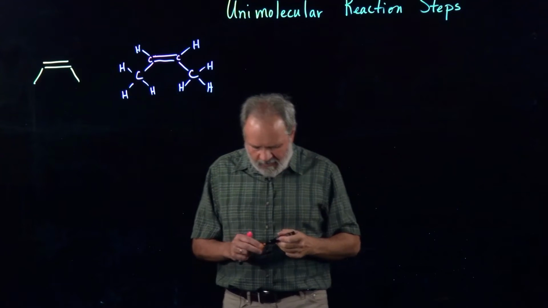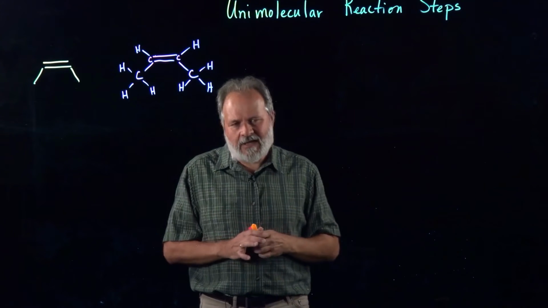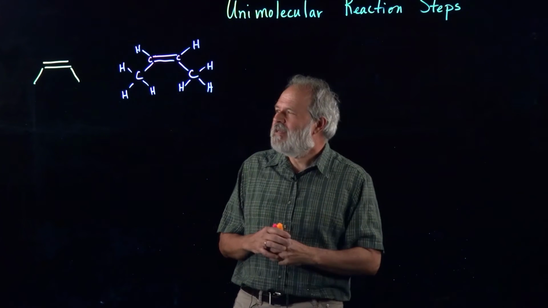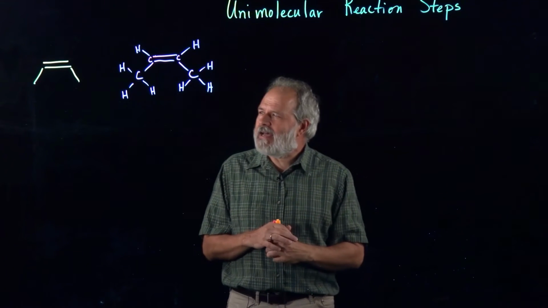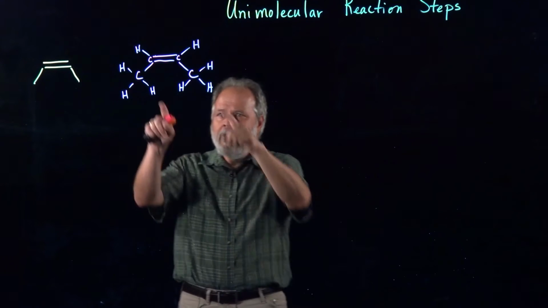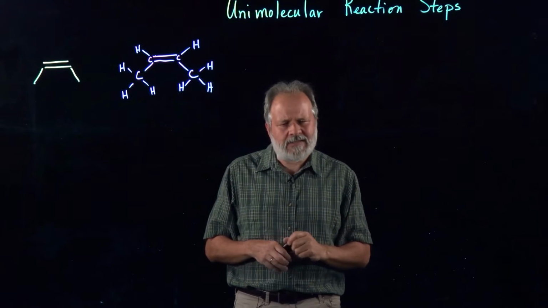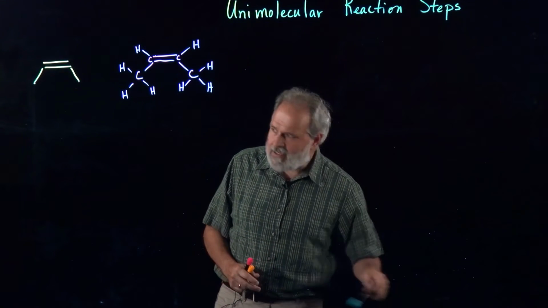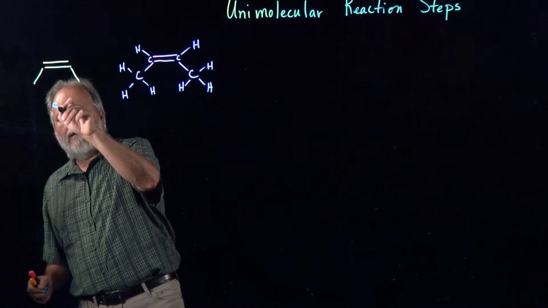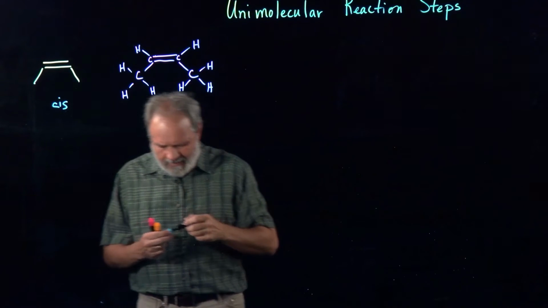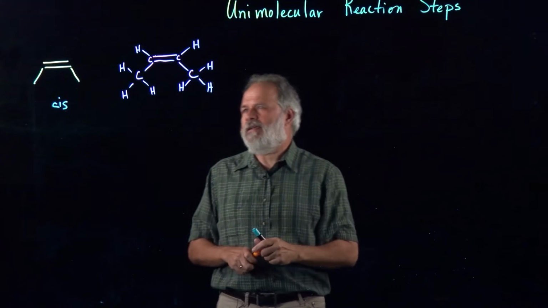Okay, so it's very important to understand some of the language used in society nowadays. If the 2 carbons are on the same side of the double bond, this is called cis. All right? And cis is kind of like same side.